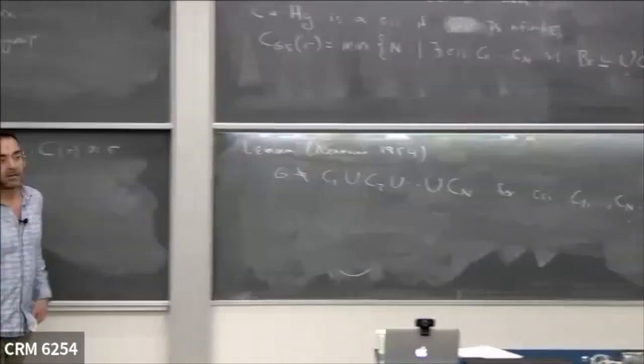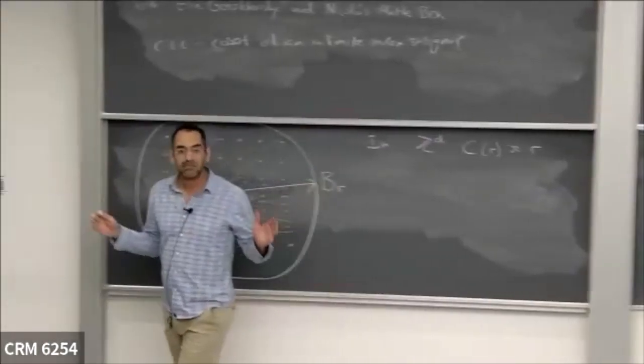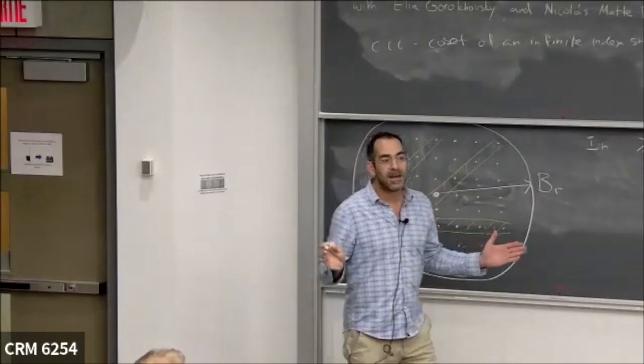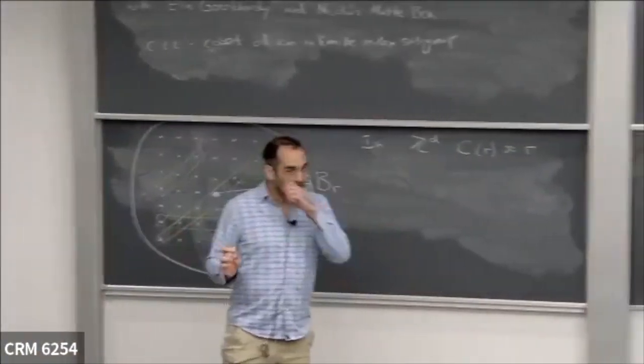Okay, so take any group, take any finite number of cosets of infinite index, they're not going to cover the entire group.